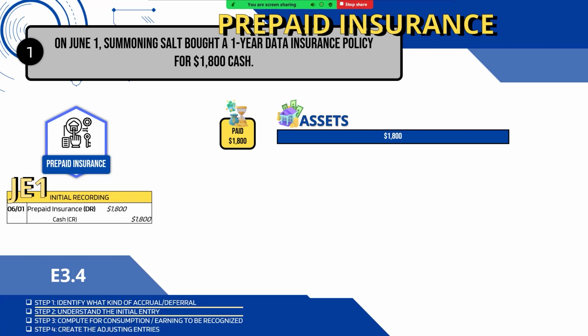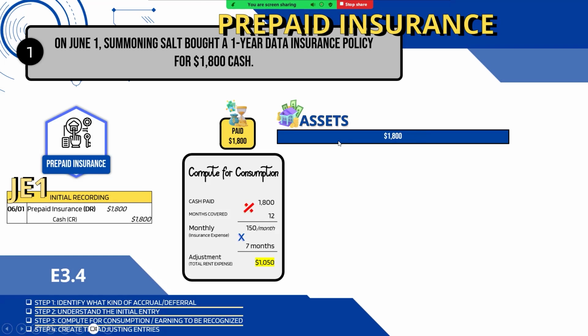The next step is so that we can compute for the consumption or earning to be recognized. So in terms of the 1,800, we have to understand that we need to break it down per month. So 1,800 divided by 12 is that every month we're consuming 150 insurance expense out of that particular plan.